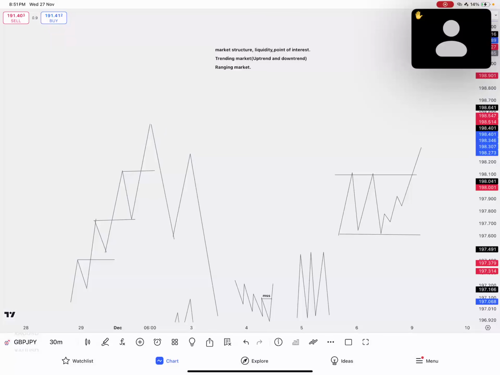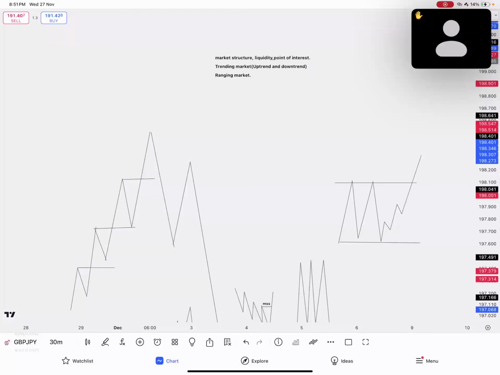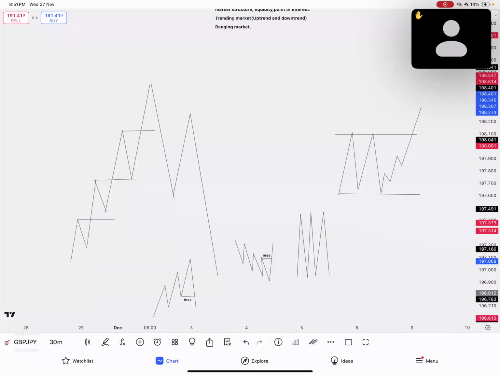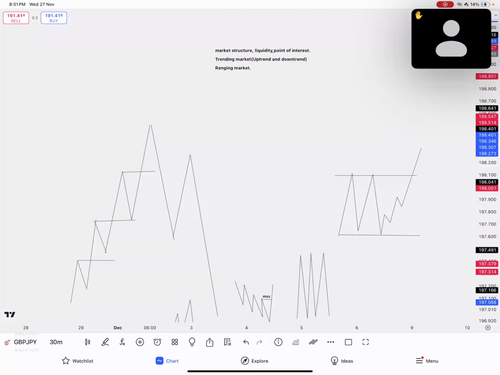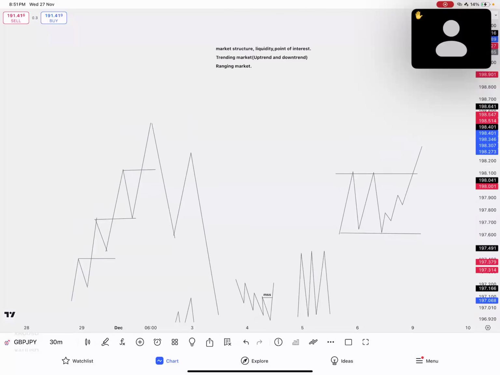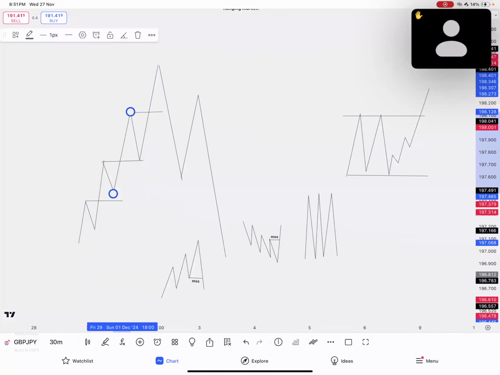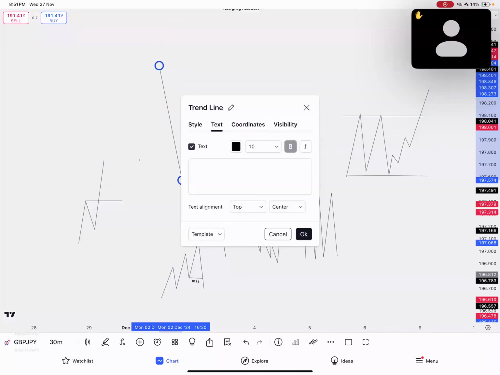Inducement is basically just the first pullback, the first valid pullback that market makes after a structure shift or after a break of structure. That's what an inducement is. For example, let me use break of structures.